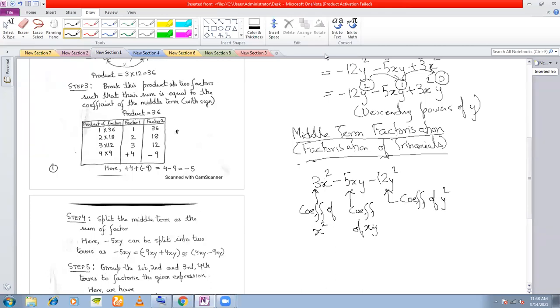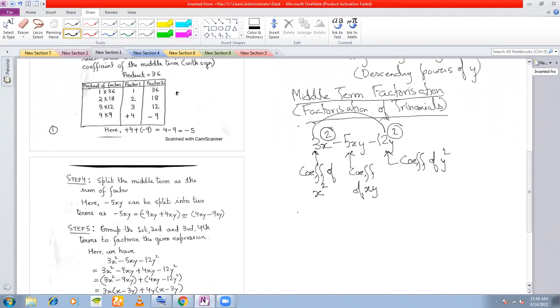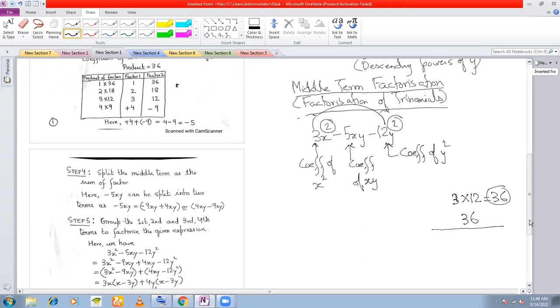Okay, so what you do is, the highest powers of the variables here that you see, you multiply these two in order to factorize. If you multiply these two, forget about the sign, simply multiply the numbers. You are getting 36. Now the point is that this 36 that you have got, you have to factorize into two factors.